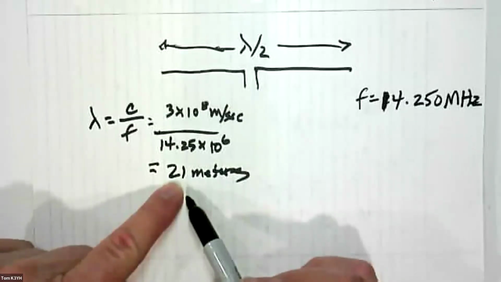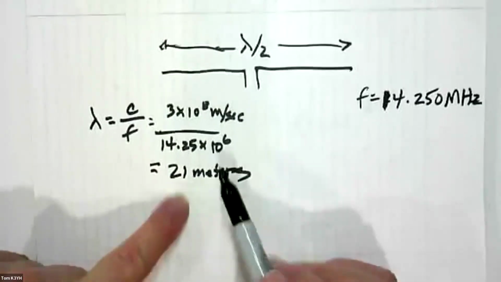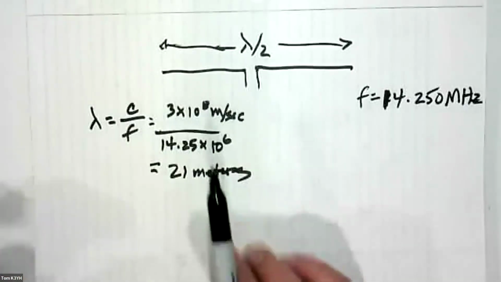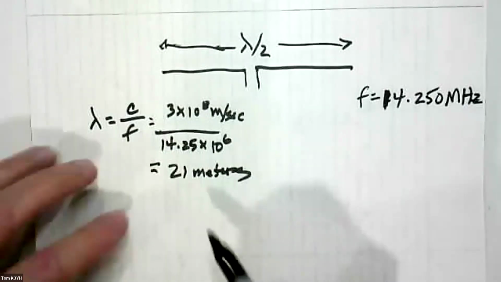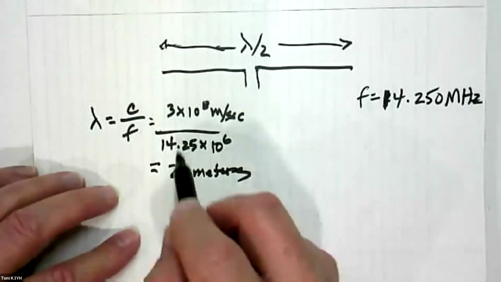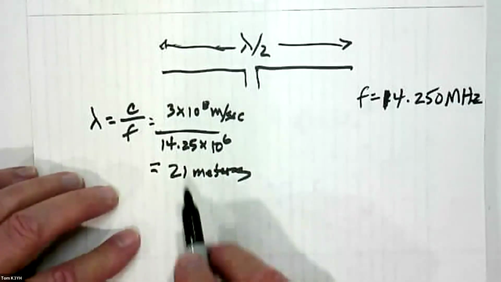You can then divide this by 2 and then convert meters into feet and get to an answer. But there's no need to do all this.